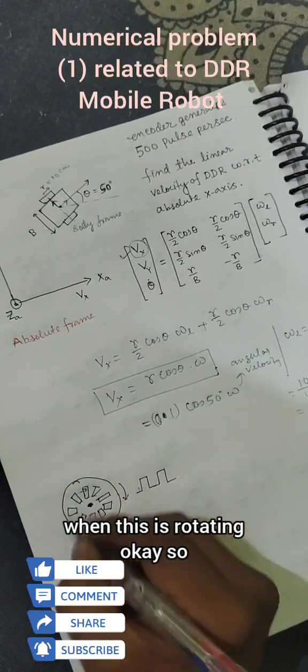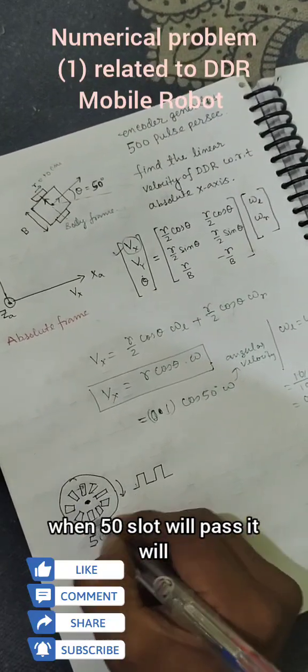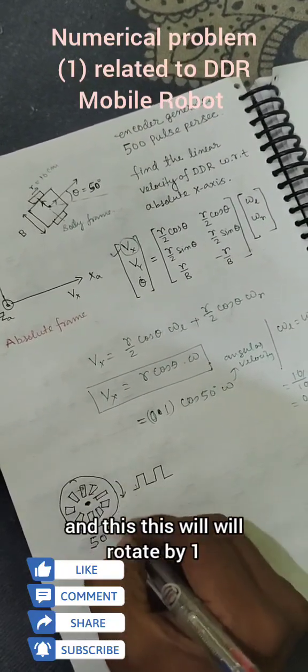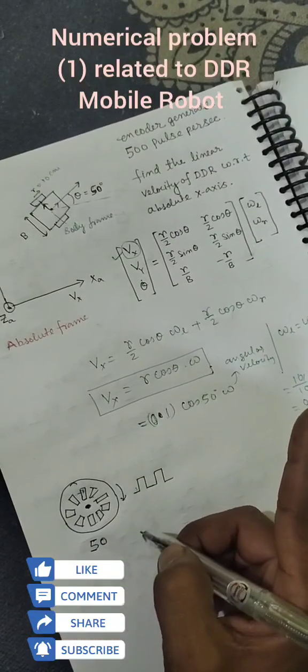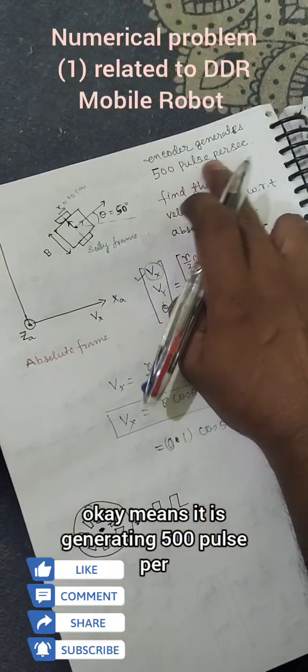When 50 slots pass, the wheel rotates by one. It is generating 500 pulses per second.